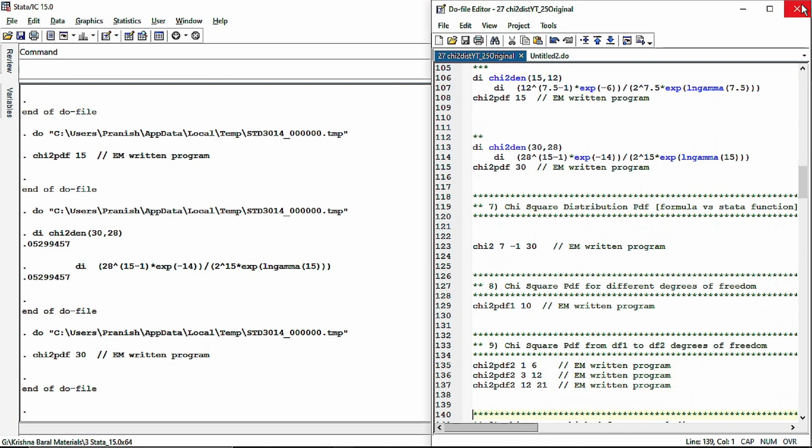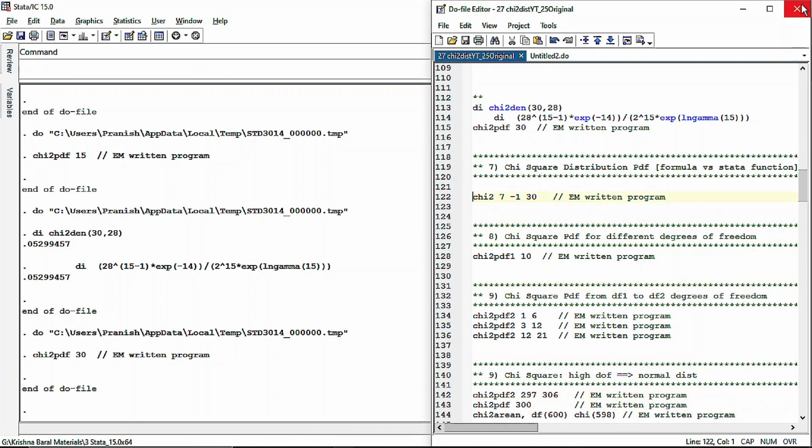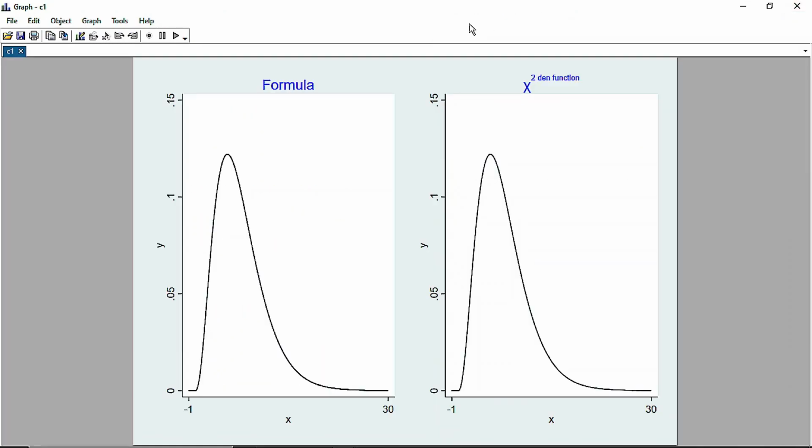Now let us compare the graph of the chi-square distribution, one by the generic formula and one by the Stata function. The one on the left-hand side we do using the generic formula, and the second one on the right we do using the chi2den function of Stata.